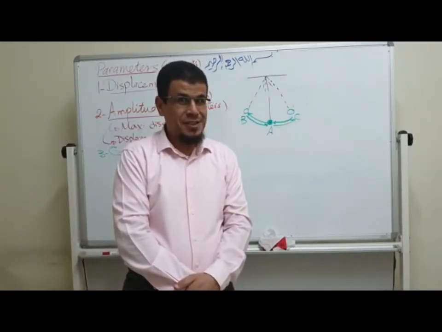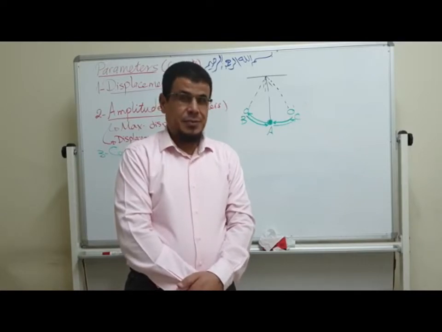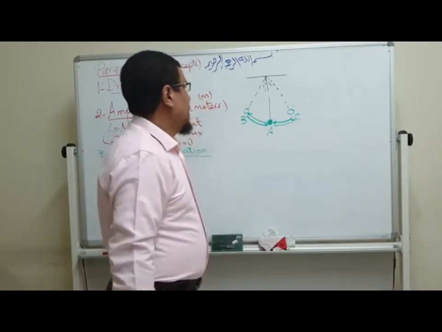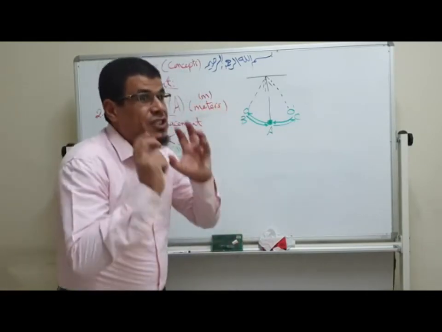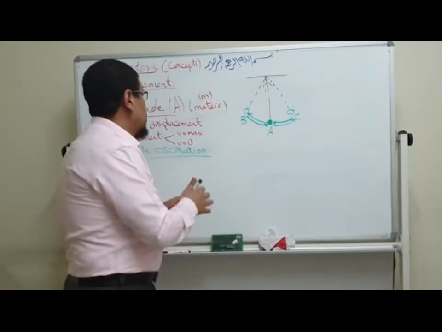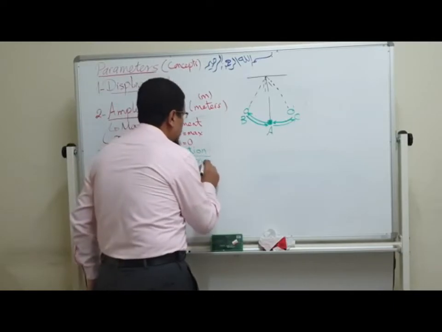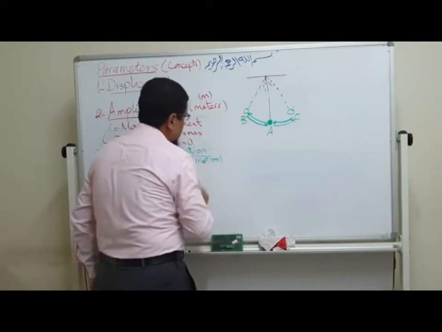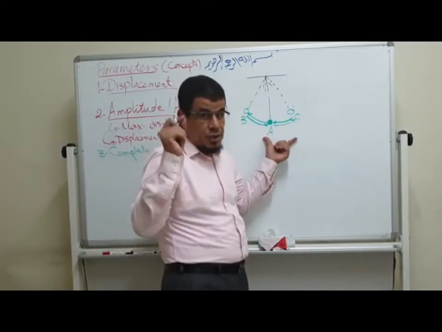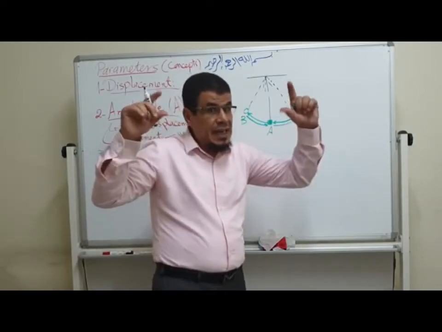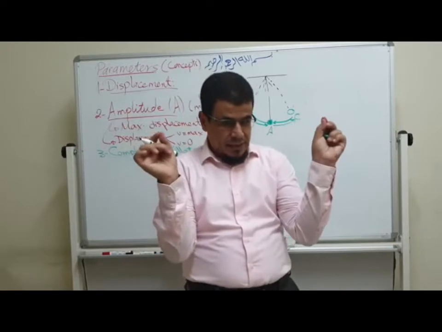Teacher, we didn't understand anything. I know. Don't worry. Look here. Complete oscillation, we said that it's a motion. Oscillation means motion, but not any motion. It is the motion of the vibrating object in the interval. That means it takes time.